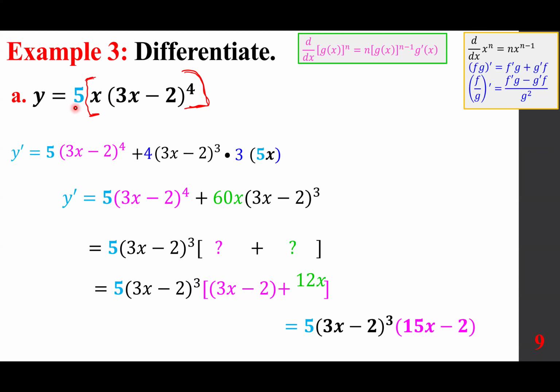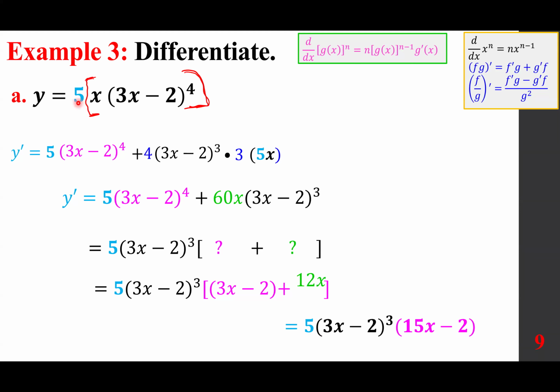Now, in this case, it makes no difference. But the more complicated this number, the better that method. For example, if it's 5,000, definitely you don't want to carry it. You just want to keep it as a common factor, or if it's a fraction, or if it's a decimal. So be careful with that.